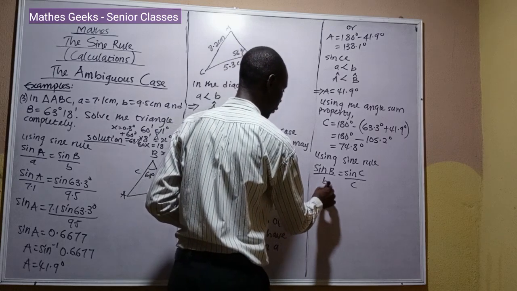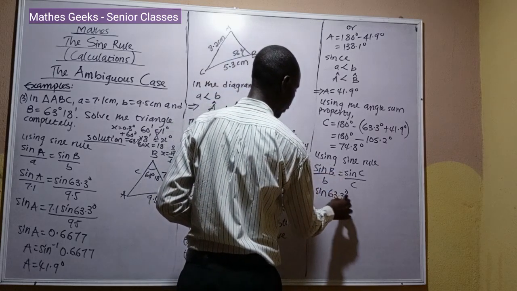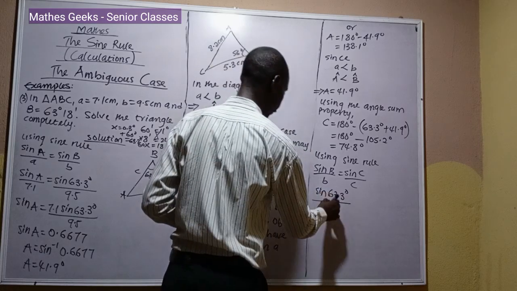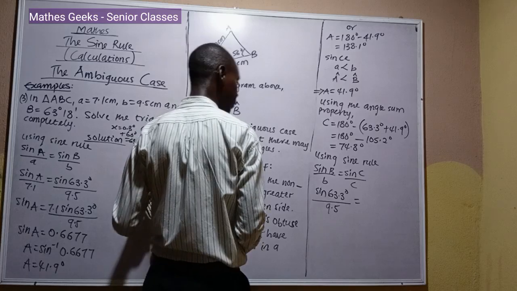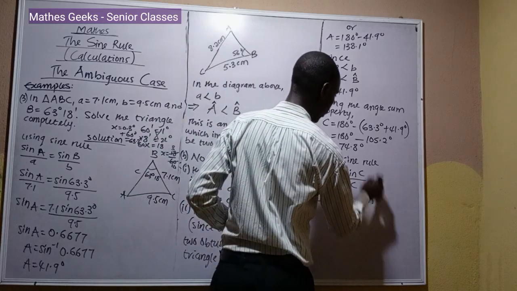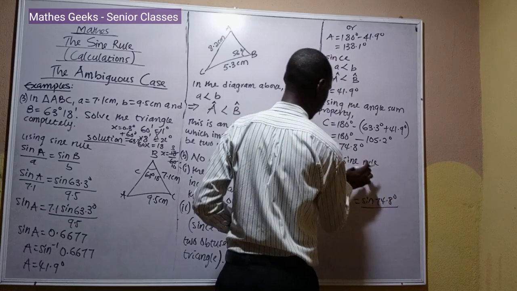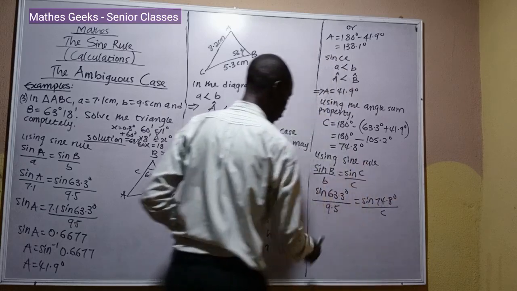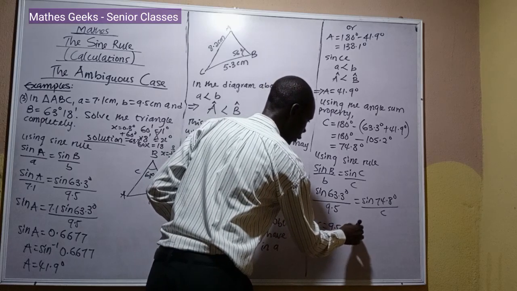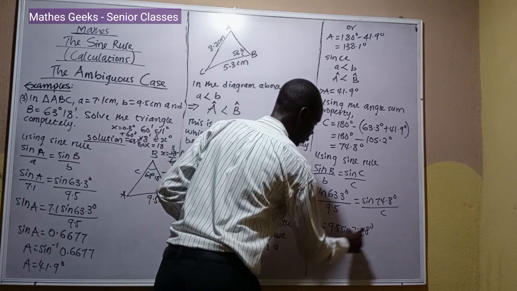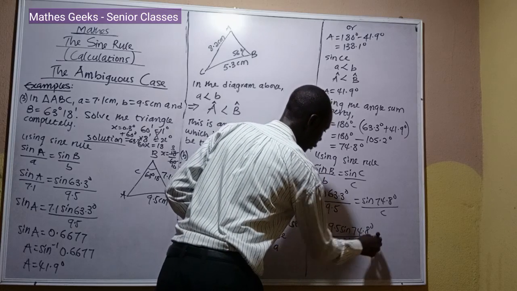So sine B is given as 63.3 degrees, and B is 9.5. Then sine C is what we got here, sine 74.8 degrees, over C. So C is equal to 9.5 sine 74.8 degrees over sine 63.3 degrees.